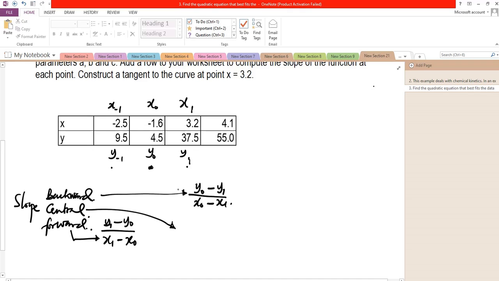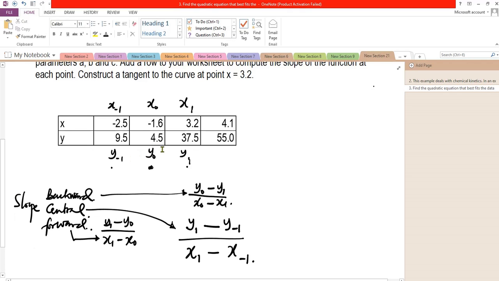Now you are the center. The central now will be y1 minus y minus 1, that is y subscript 1 minus y subscript minus 1 divided by x subscript 1 minus x subscript minus 1. So that is for the center.